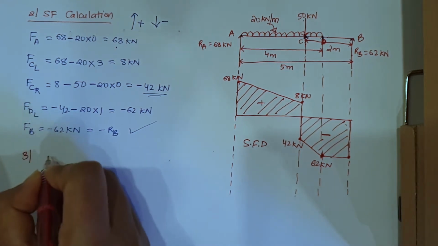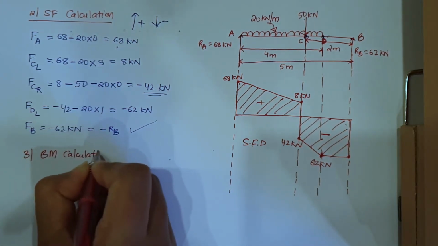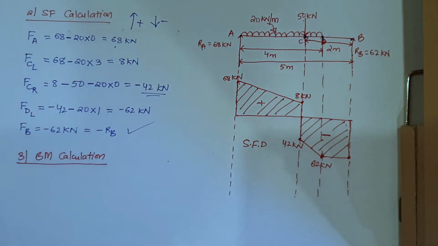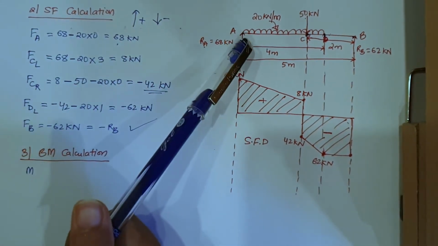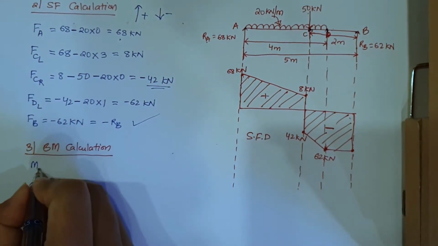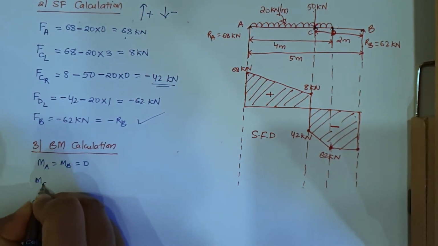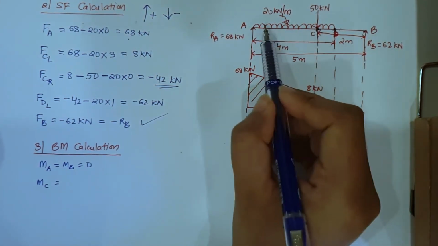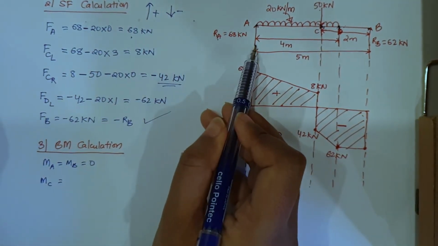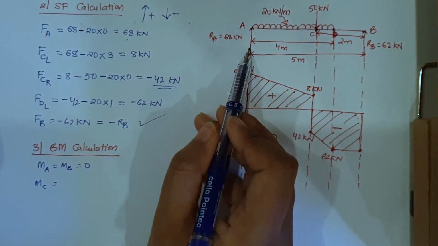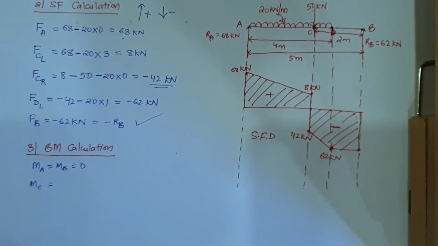So number 3, bending moment calculation. Since this is a simply supported beam, at the supports we will get 0, and which are the supports? A and B are supports. So moment at A equals moment at B will be equal to 0. Okay, now we will find moment at C, meaning at this point. From the left hand side we will go, from left to right. So what is the first force, what is the moment? Moment is force into displacement, and whatever forces there are, we will multiply with distance and go ahead, so we will get the moment.